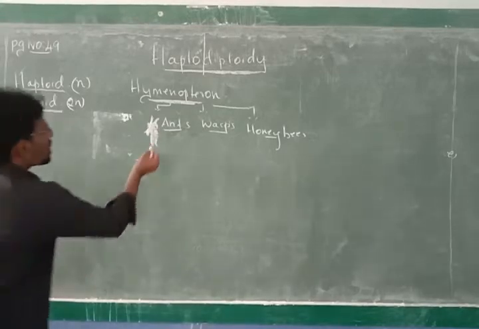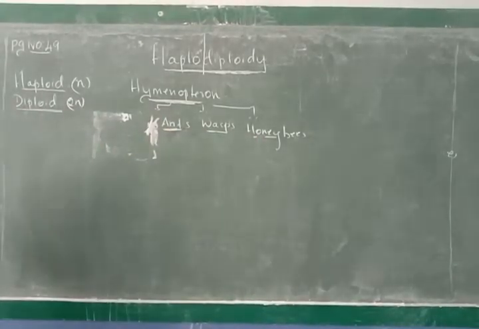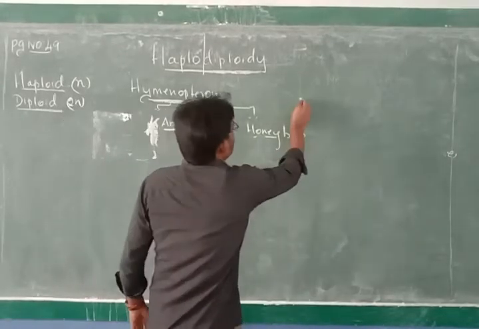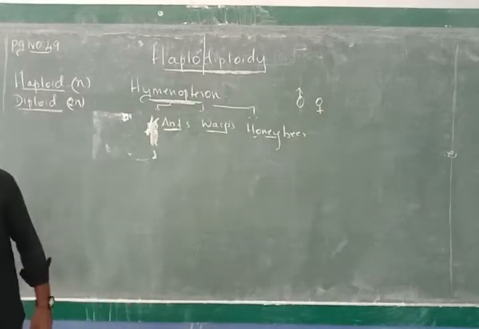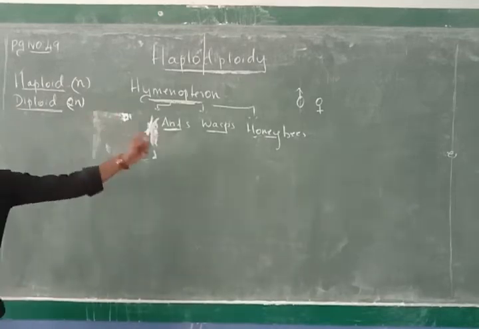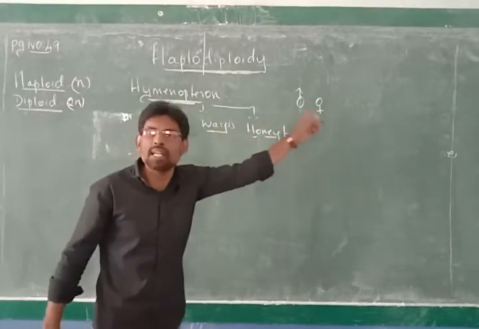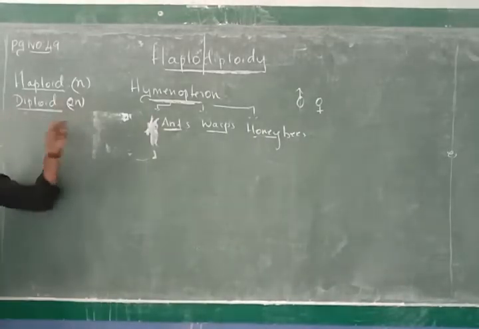Now in this insect order Hymenoptera, the sex, that is male or female, is decided by the number of chromosomes it receives.